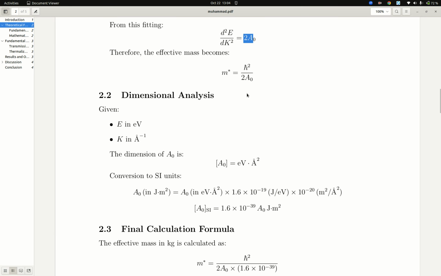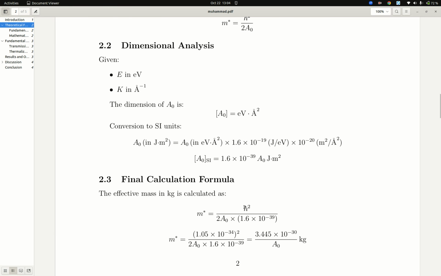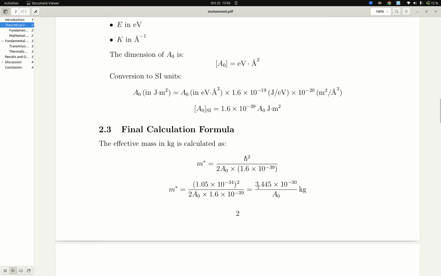After some dimensional analysis it becomes h bar square over 2 multiplied by 1.6 multiplied by 10 to the power minus 39. So our equation becomes 3.445 multiplied by 10 to the power minus 30 over a0, and the units are in kg, because we measure the effective mass of electron and the effective mass of holes in kg.